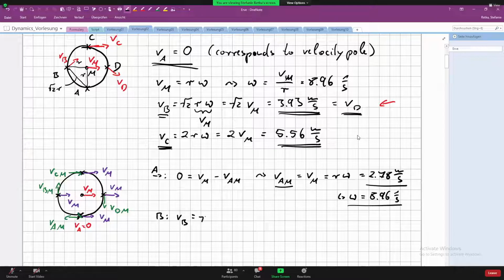VB is equal to the square root of VBM square plus VM square. And this results to 3.93 meter per second. And of course, it's identical for point D, since here the two vectors are perpendicular to each other as well.